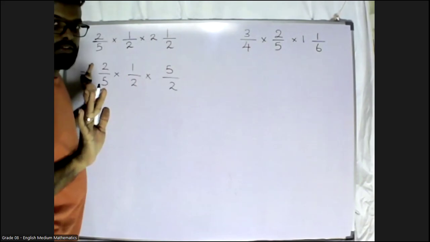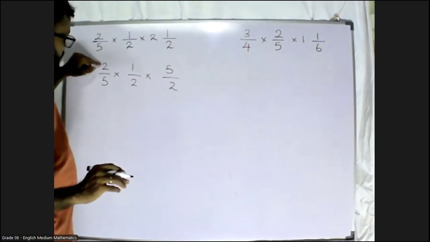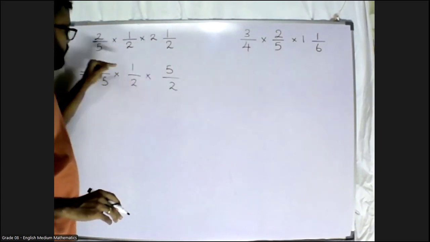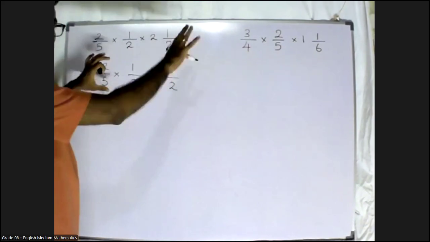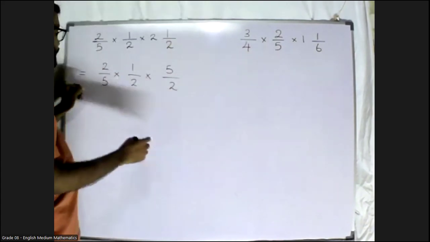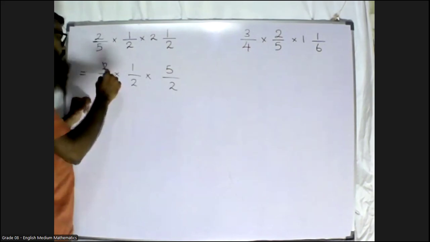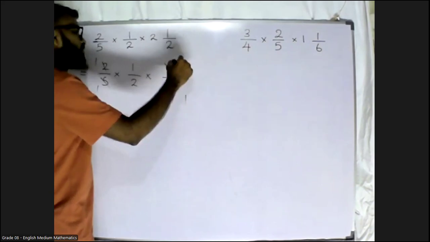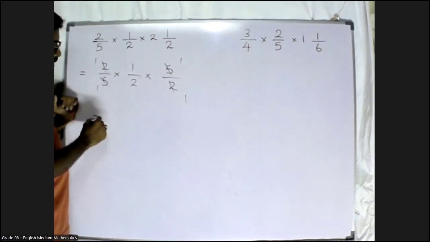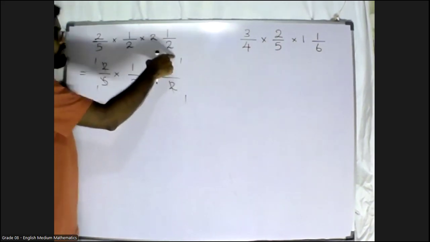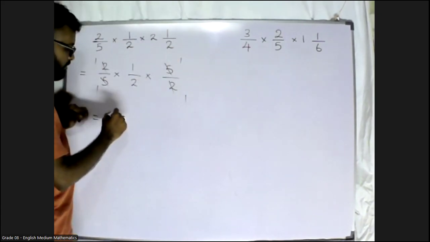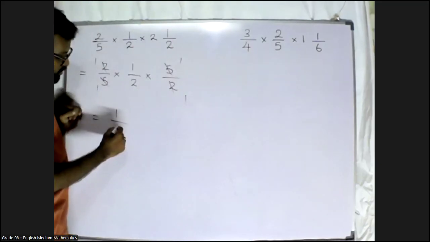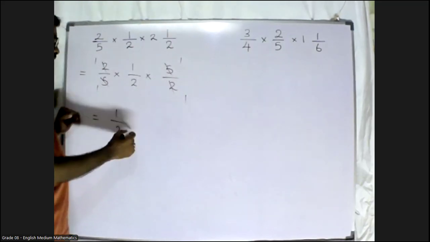At once you can see something here: 2/5 and 5/2, they are upside down. 2 times 1, 5 times 1. So the numerator is 1 times 1 times 1, 1. The denominator is 1 times 2 times 1, 2. So for the first one, the answer is a half.